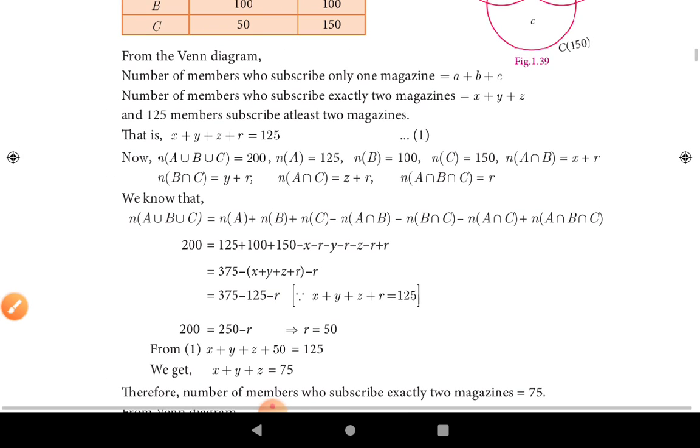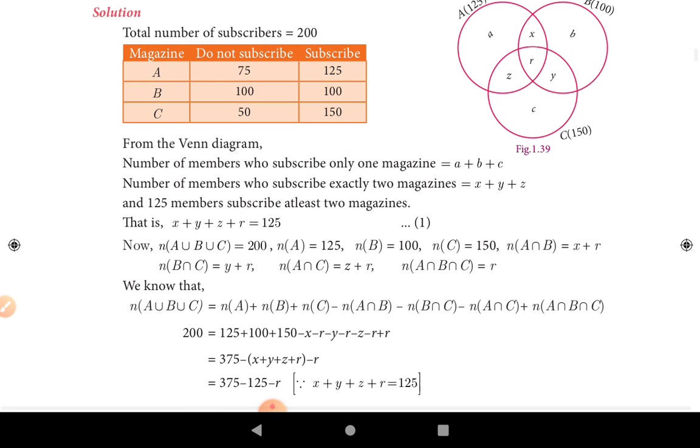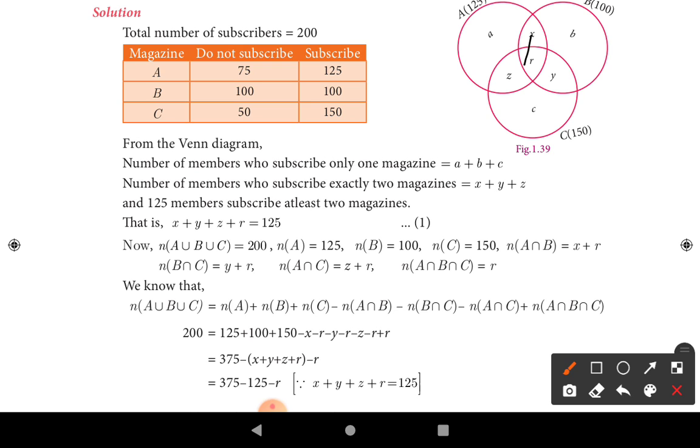Now as per the formula, number of A union B union C is equal to 200, number of A is equal to 125, number of B is equal to 100, and number of C is equal to 150. But we don't know number of A intersection B. That's why we add this X plus R. Okay, and B intersection C, Y plus R, and A intersection C, Z plus R. So in earlier sums, if you wanted to find only A intersection B alone, what you have done, you have subtracted this common number from all these numbers, right?